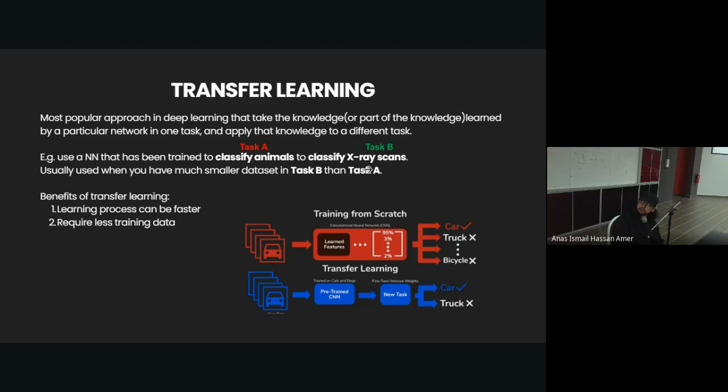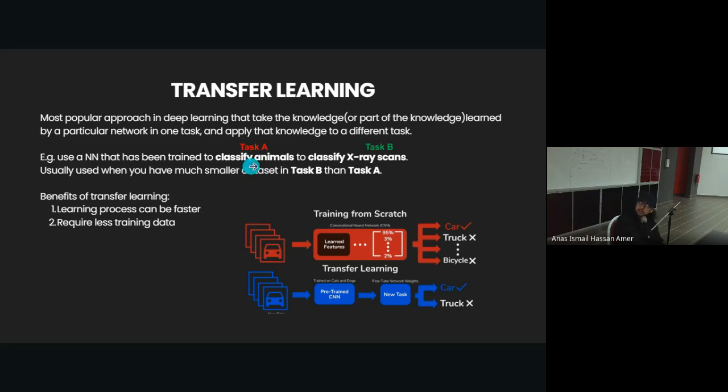And of course, it requires less training data because the model already had training data before. Now you only need to include the training data that it has not seen before in order to fine-tune this model.